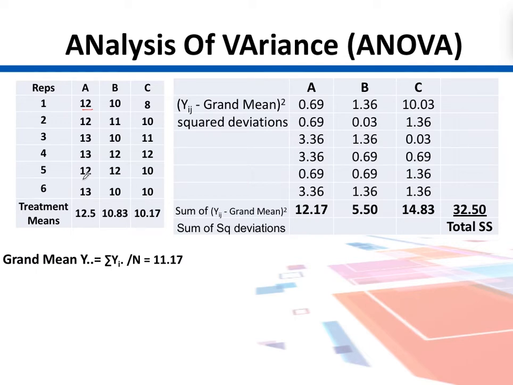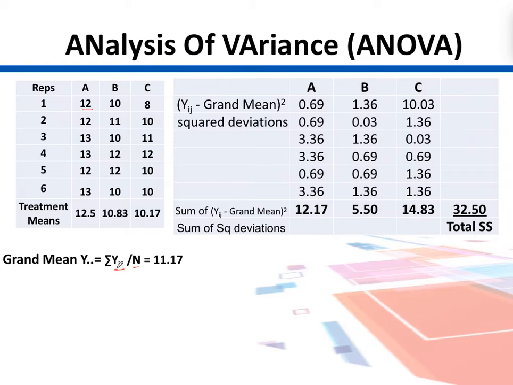So grand mean we calculate here as y dot dot. It is the sum over yi dot, the sum of the numbers for each treatment, 6 numbers here, 6 numbers here, 6 numbers here, divided by the total number of observations. So we take the sum of all the numbers and then we take their average.